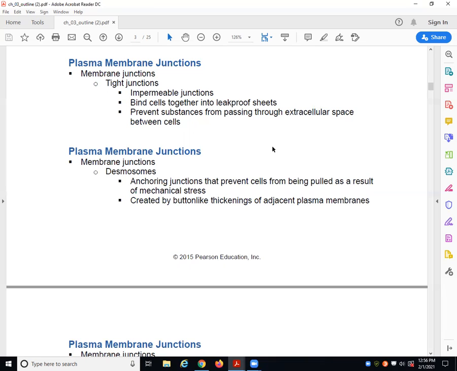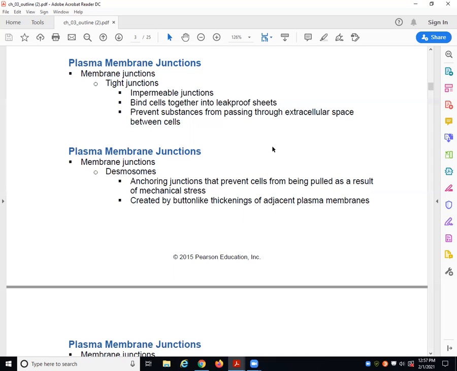The next type of junction is the desmosome. These are anchors. Essentially their role is like what does an anchor do for a boat? Hold it in position, right? Hold it steady. So they keep the cells from getting pulled away as a result of any stress. There can be cells where there's pressure against one side of the cell, but if they have an anchor, even when that pressure comes, they're not going to get pulled away.